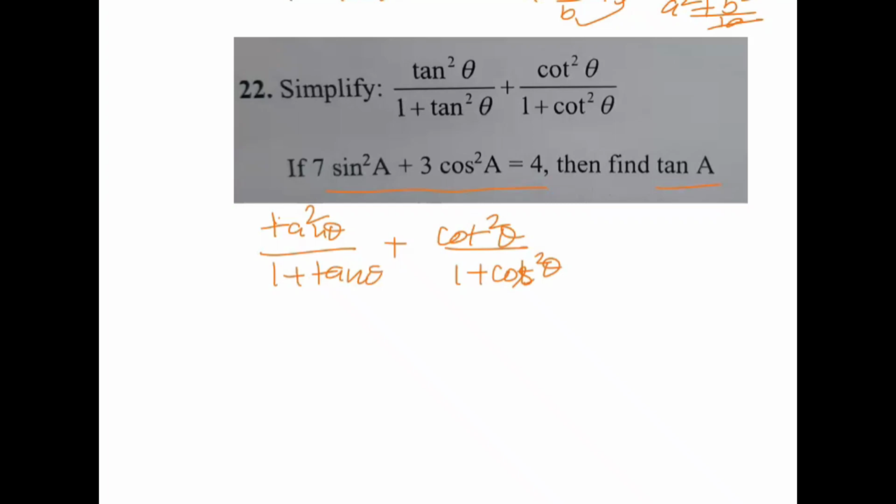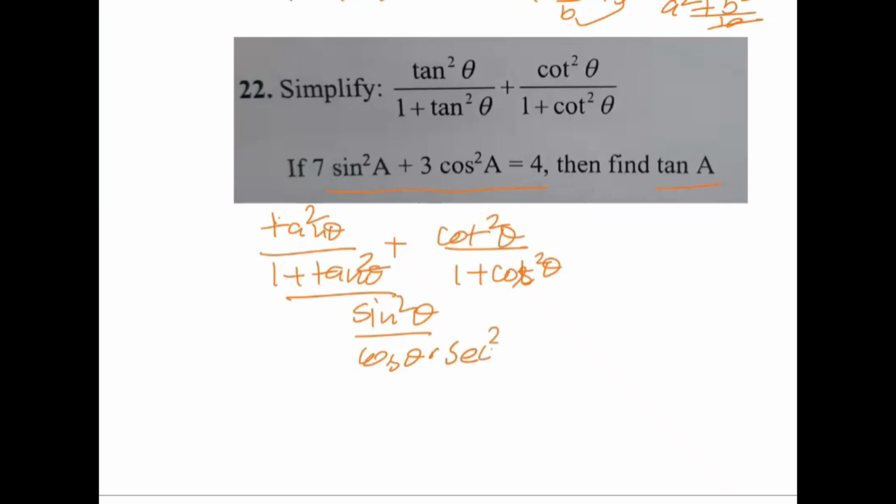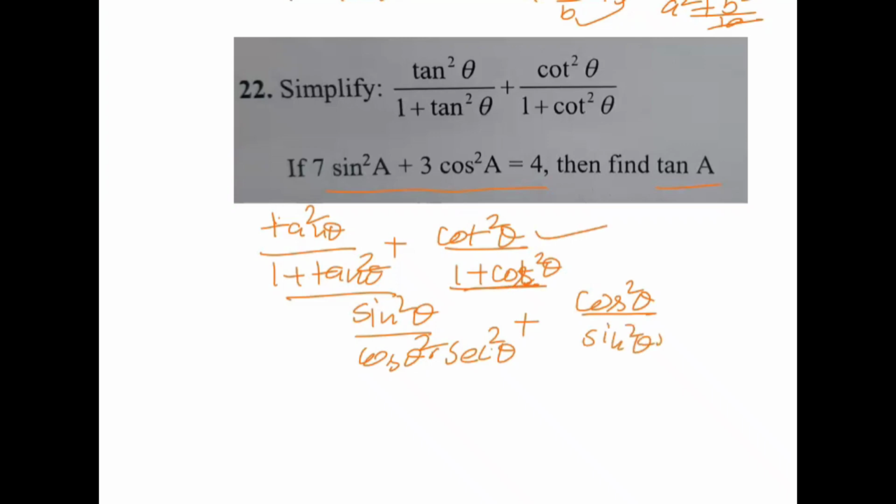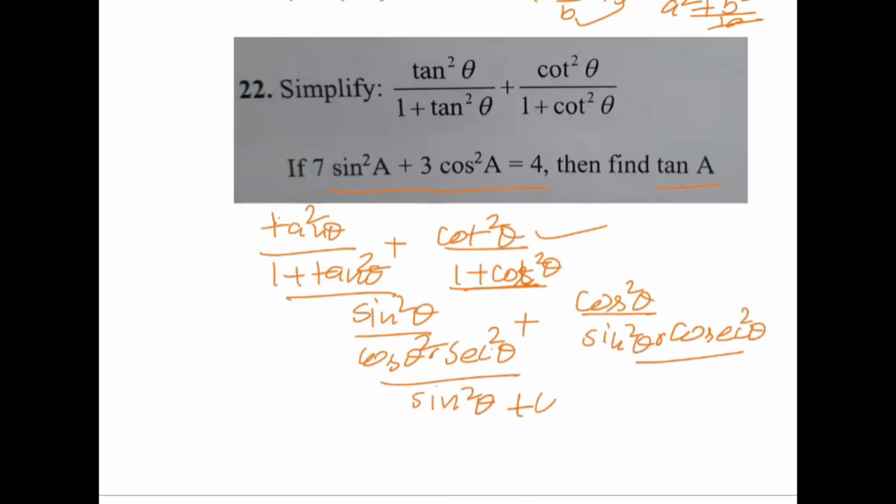So this is written in the form of sec square theta, and this will be written as sin square theta upon cos square theta upon sec square theta, and cos square theta upon sin square theta upon cosec square theta. Okay, so this will become 1, this will become 1, so it will be sin square theta plus cos square theta equal to 1. So this is simplified.